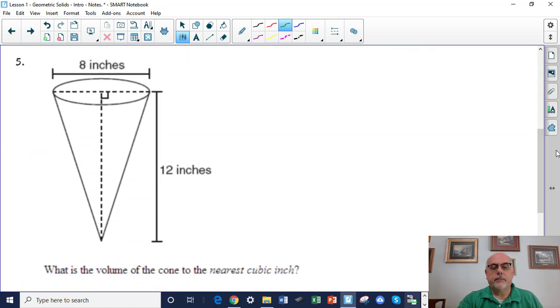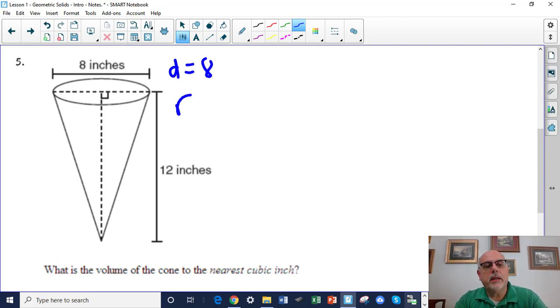Last one. Volume of the cone. This one, the diameter is 8. Radius is 4. You got to remember the formula is looking for the radius.